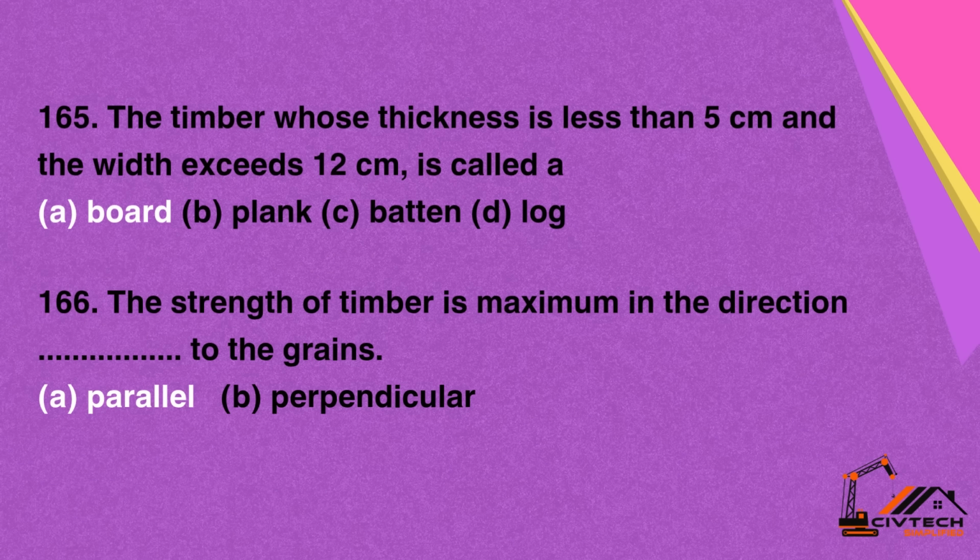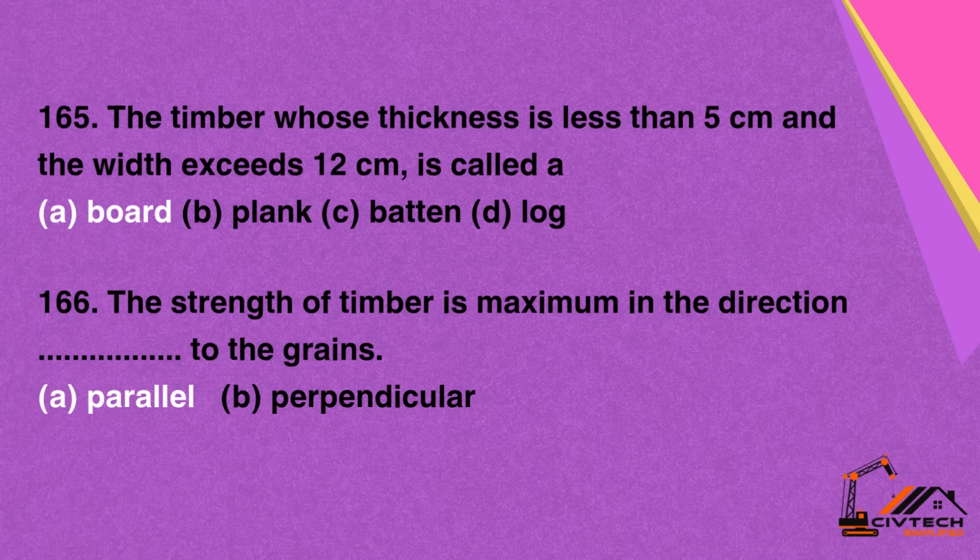165. The timber whose thickness is less than 5 centimeters and the width exceeds 12 centimeters is called A. Board, B. Plank, C. Batten, D. Log. Correct option. A. Board. 166. The strength of timber is maximum in the direction to the grains.